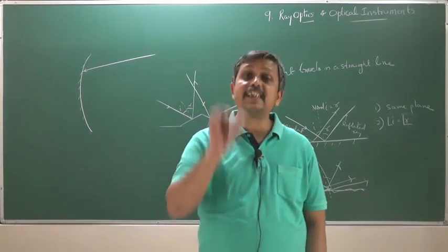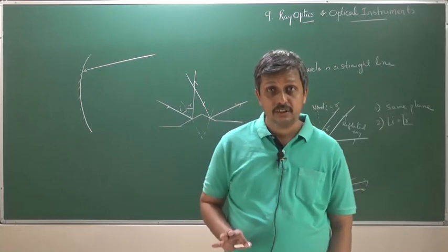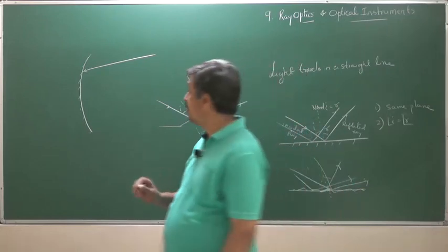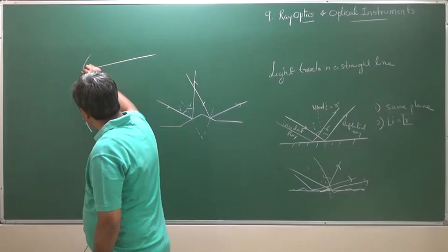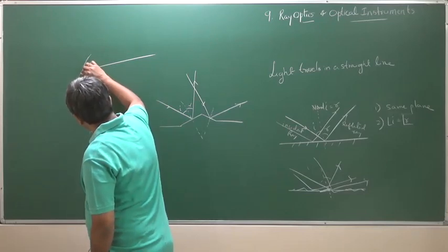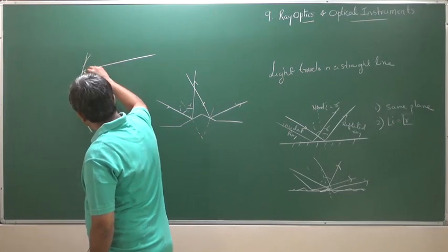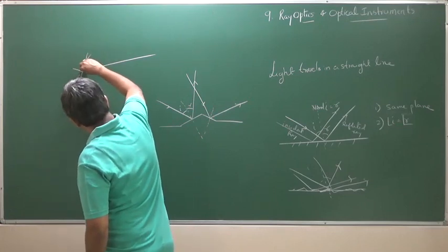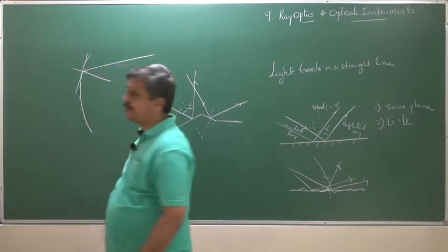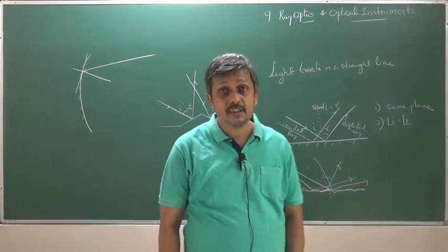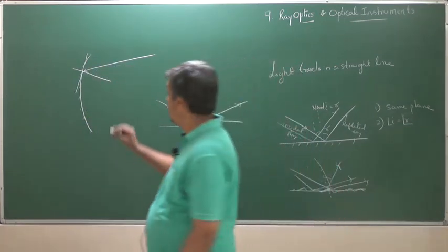It still follows the laws of reflection. What I am going to do is, wherever the point at which the light is hitting, there I draw a tangent, and to that tangent I draw a perpendicular, and that perpendicular is the normal. First, you always have to draw the normal.